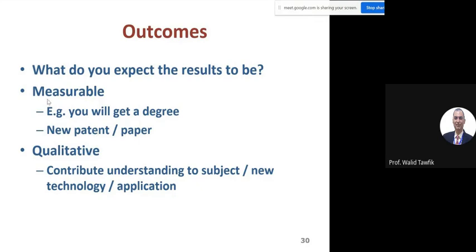And maybe a new patent or paper will be included in your measurable quantities. About the qualitative, it contributes to the understanding of the subject and new technology and application. Of course, you will explain all the results and why this result appears.